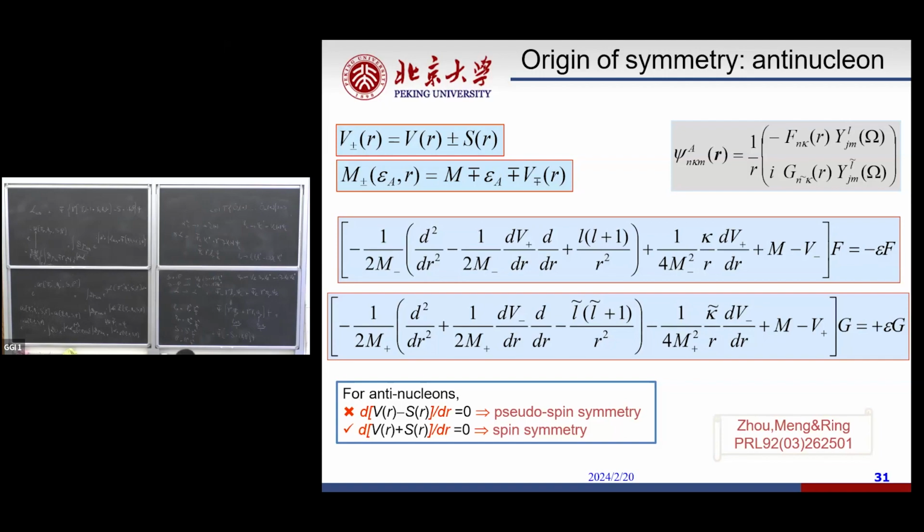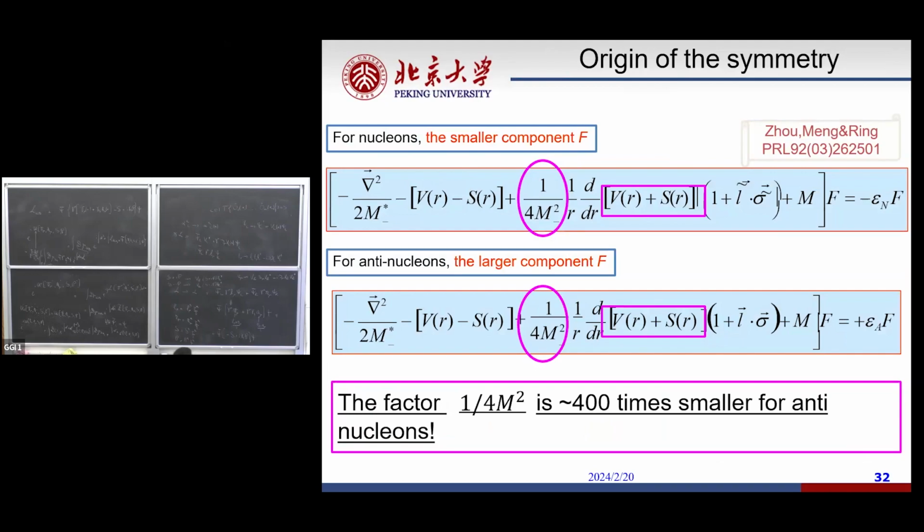That's interesting, because experimentally we do measure the single-particle levels for the proton and the neutron, but nobody has seen the single-particle levels for the antiproton and antineutron, right? Anyhow, if you look carefully, for the nucleons the small component is this.